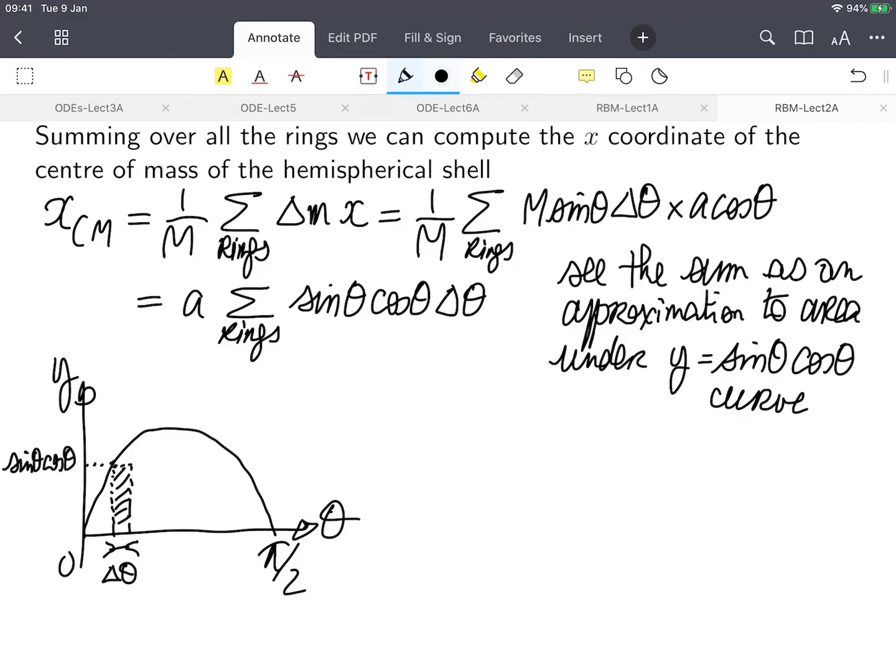So here I'm summing all those small rectangles. As theta changes, the rectangles are going to follow the curve. They will all be of width delta theta.